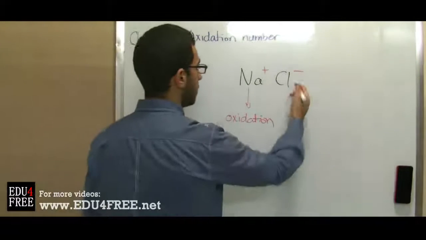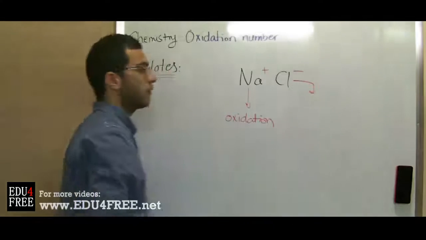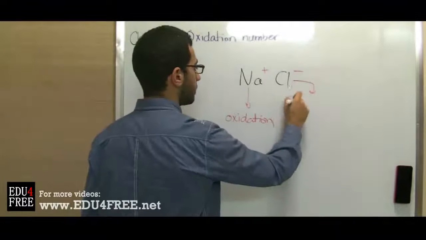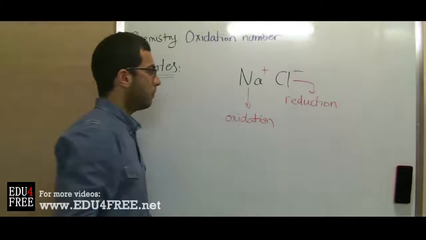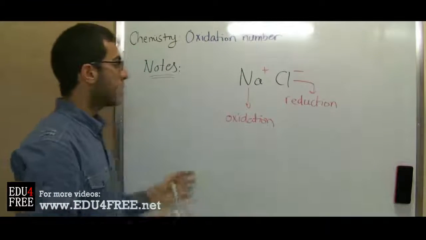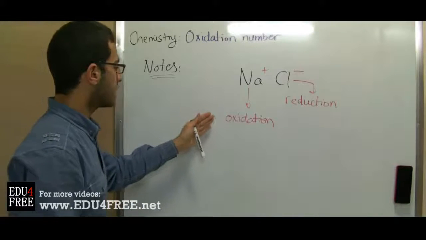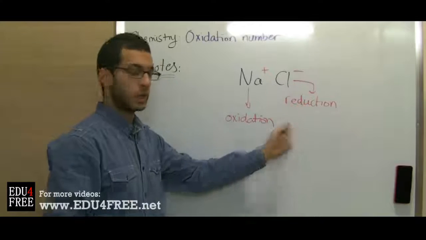And the process of gaining an electron and converting into a negative ion, this is called reduction. So if we know the oxidation numbers of atoms inside a compound, we can say which element was exposed to oxidation and which element was exposed to reduction.